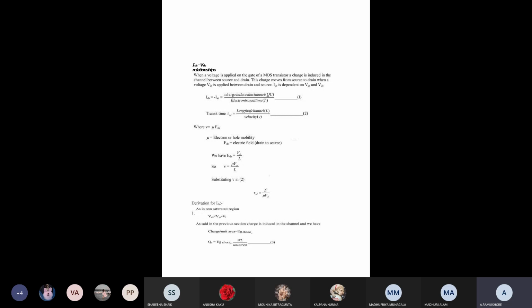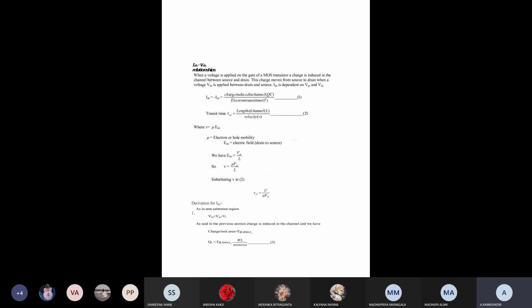In short form, IDS is equal to QC by tau, and this is denoted as equation 1.